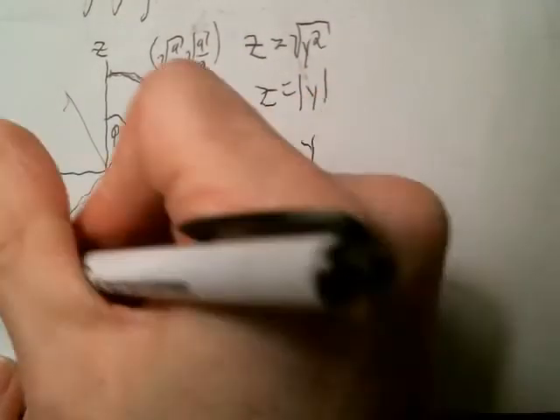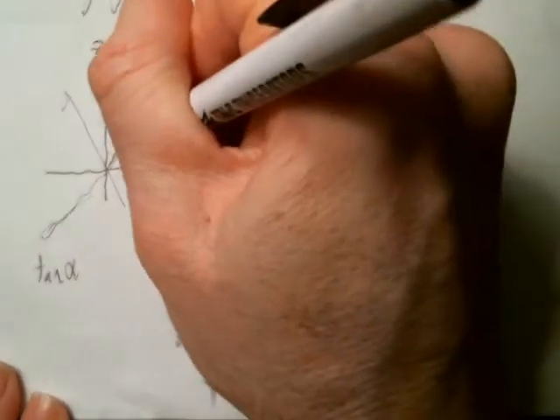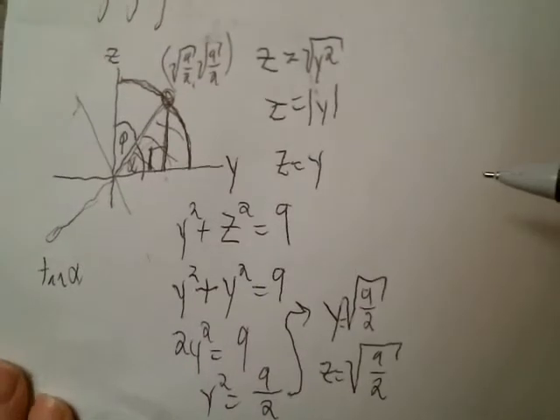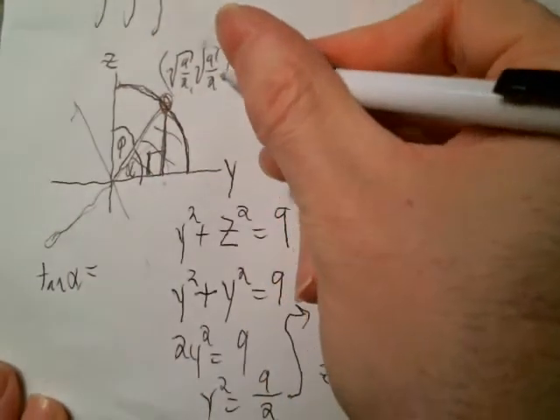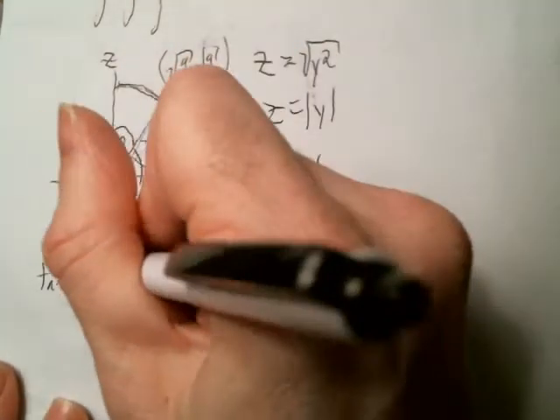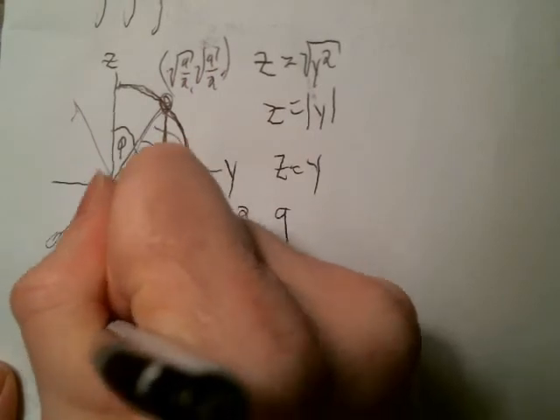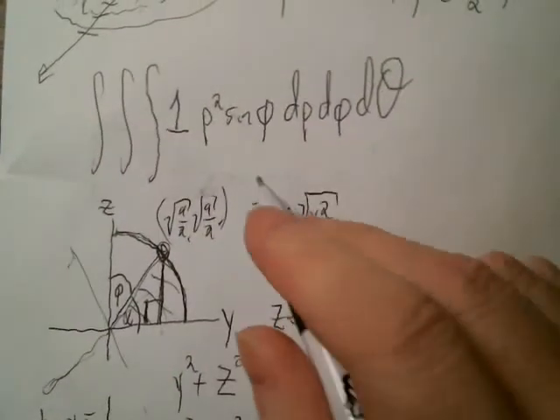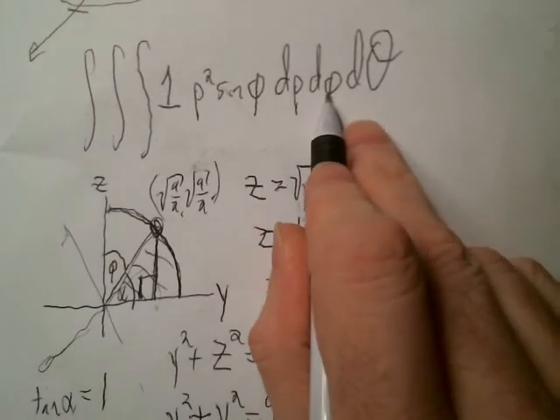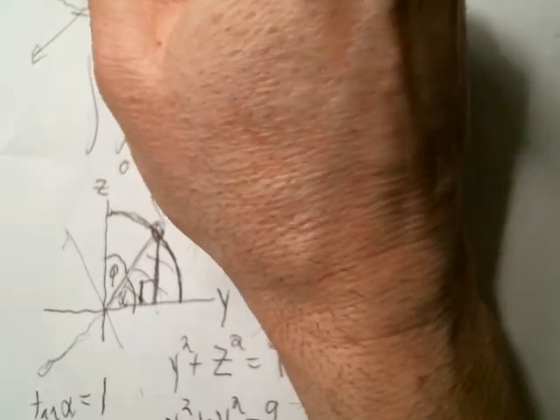And then the tan of this angle in here, we'll call it alpha, must be equal to this over this, square root 9 halves over square root 9 halves, which is the same as 1, right? So alpha must be pi over 4. If alpha is pi over 4, then phi is also pi over 4. So at least the phi integral part is going from 0 to pi over 4.